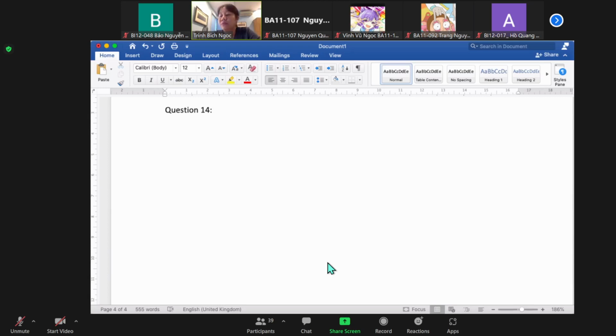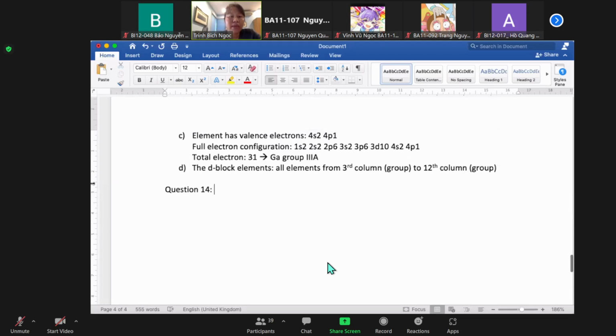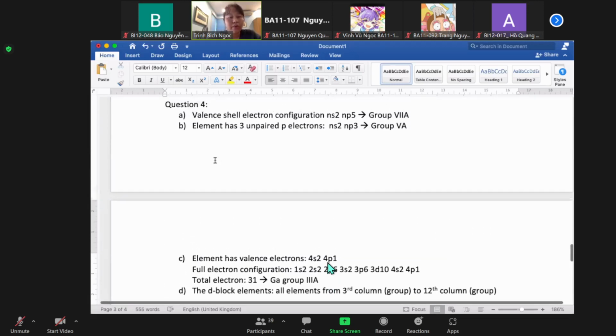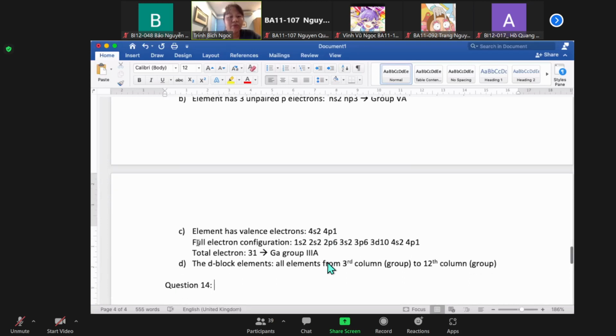In this question, you need to write the condensed electron configuration. This is not the full one. What I wrote in question 4 is the full electron configuration, okay?